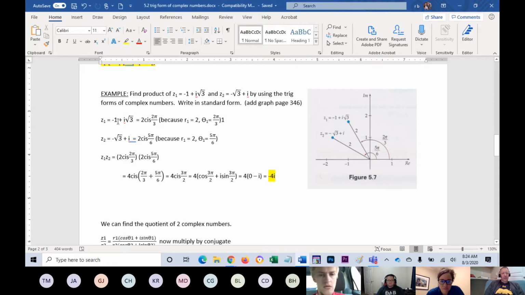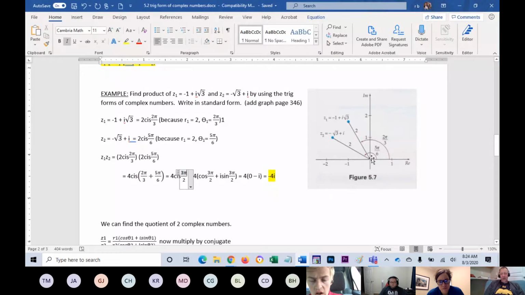Okay. So I've just converted this to 2 cis 2 pi thirds and this to 2 cis 5 pi sixths. Okay? So what this means is we're going to take the 2's and multiply them together as 4. 2 times 2 is 4. Cis, now we just have to add these two angles together right here. 2 pi thirds plus 5 pi sixths equals 3 pi halves, okay?